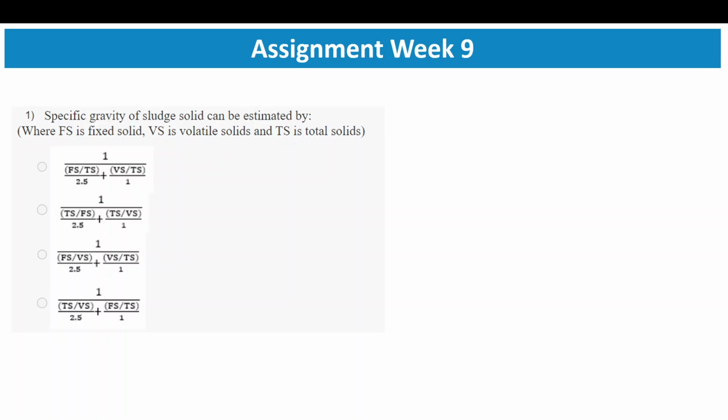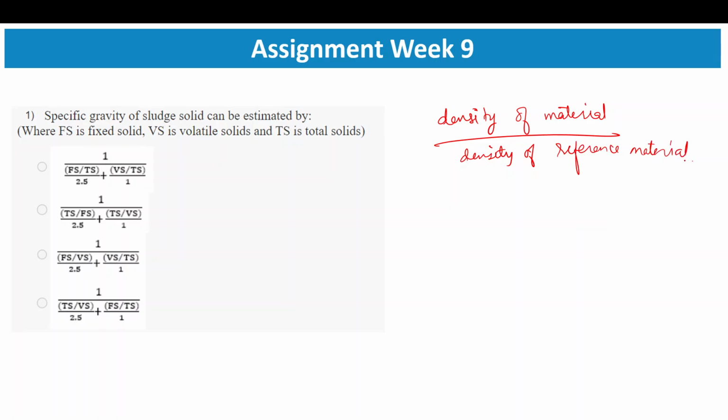Okay, so specific gravity has a formula which is nothing but the density of the material to the density of the reference material. Here you are using the total sludge, which has total solid Ts. Vs is the volatile solid and Fs is the fixed solid.